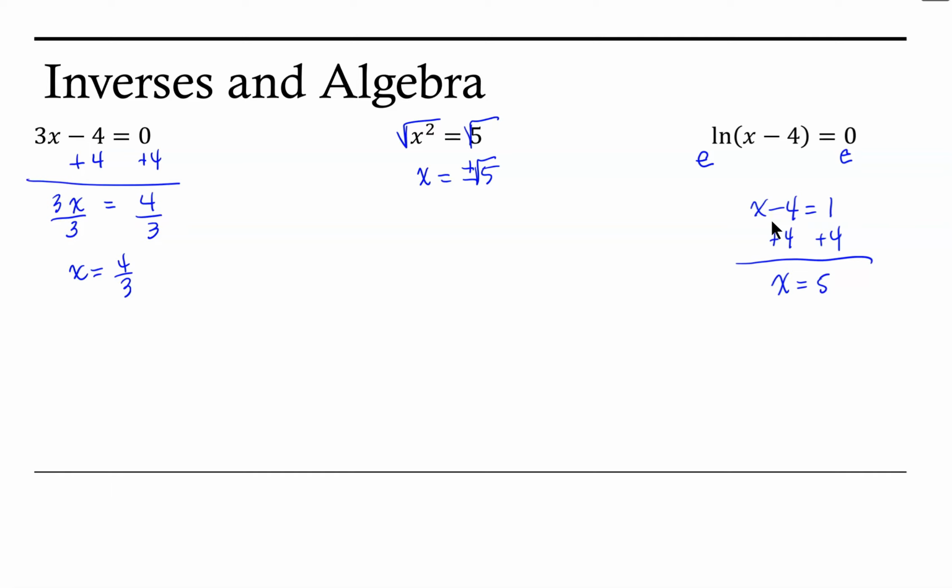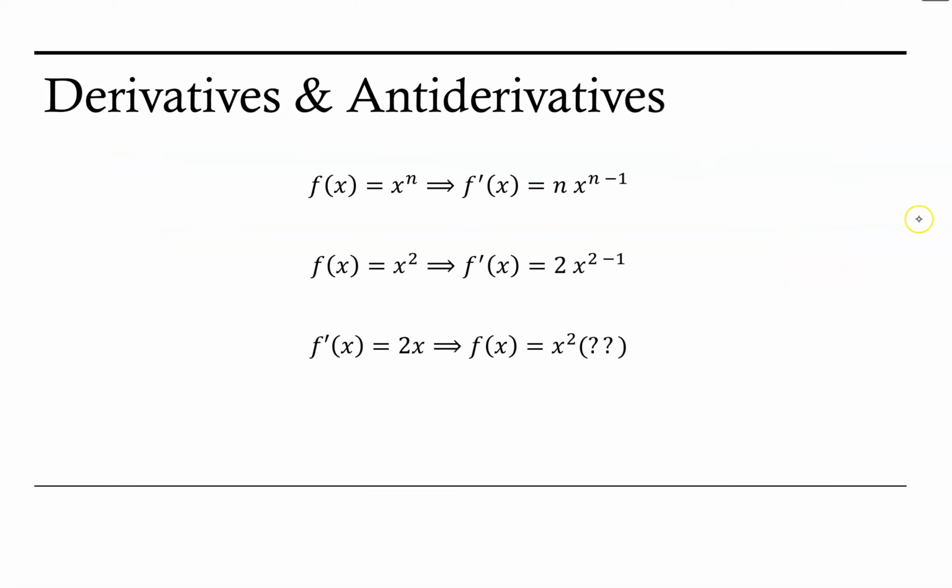Now, the reason I went through this is I want us to take a view of antidifferentiation as being similar to inverse functions. So let's take a high-level perspective on this.